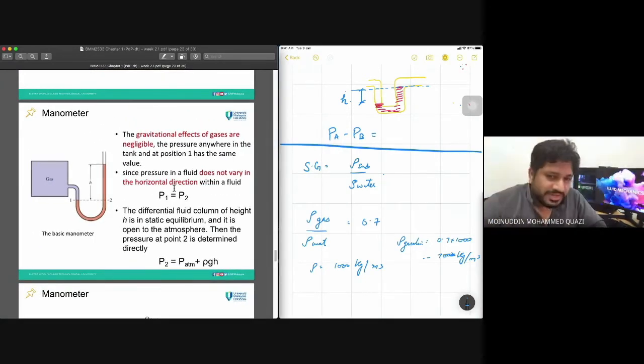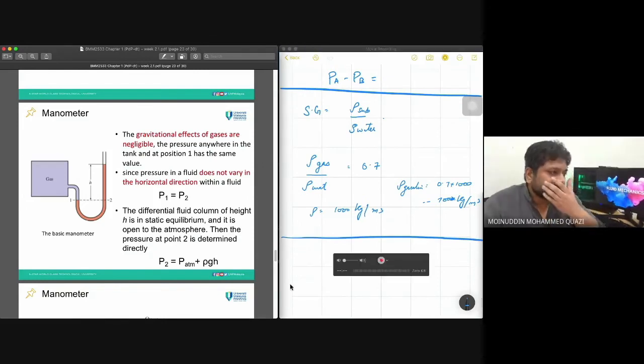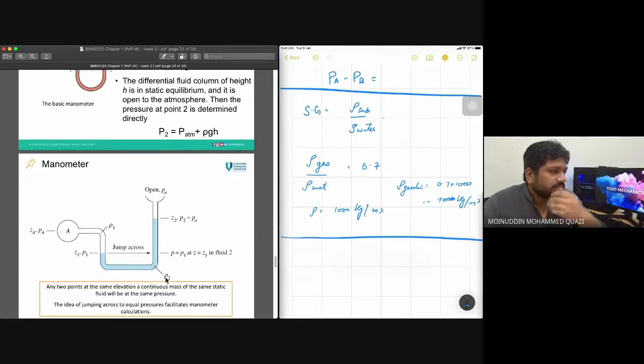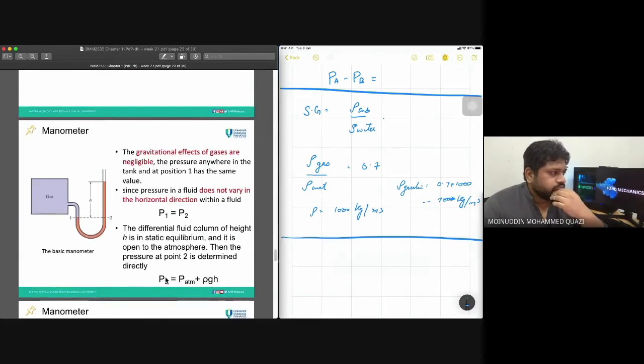So a basic manometer can measure pressure difference. A basic manometer can measure the pressure at a certain point also. So let us see how a basic manometer works.